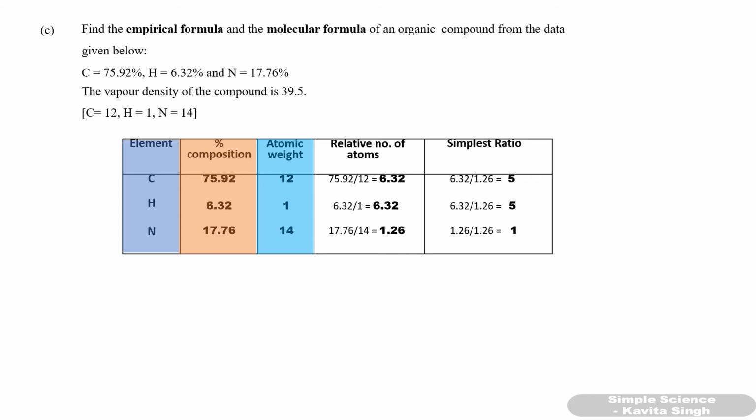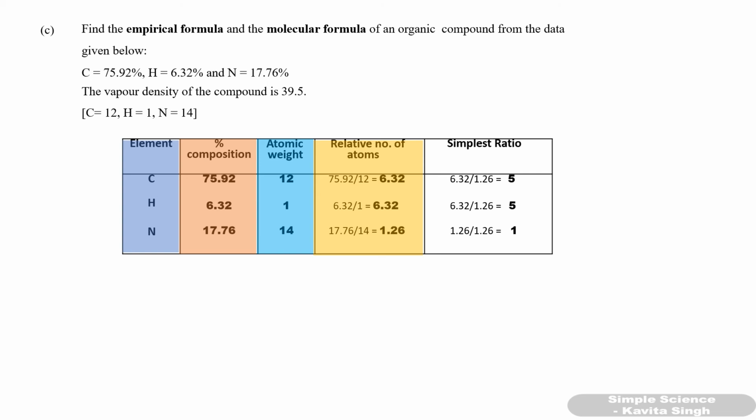Relative number of atoms will be percentage composition divided by atomic weight. So you divide and you will get the relative number of atoms of carbon 6.32, for hydrogen 6.32 and for nitrogen 1.26. Now what you have to do?